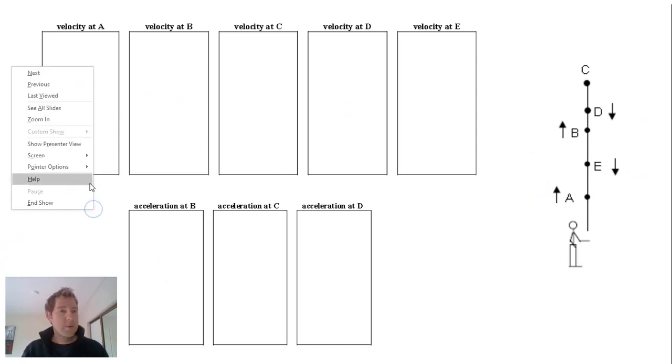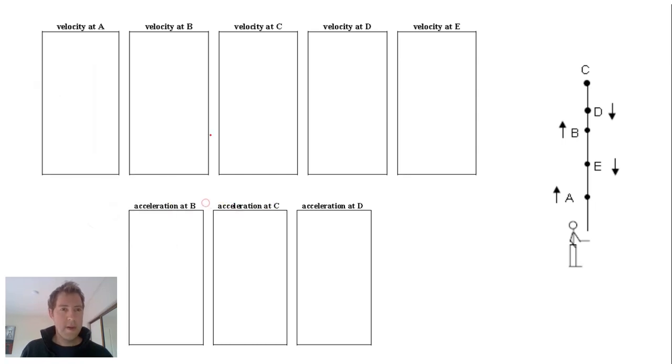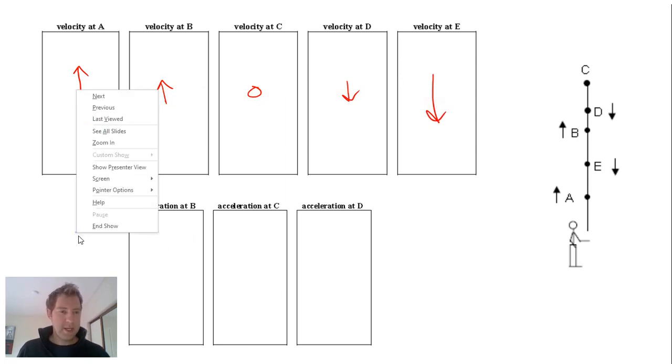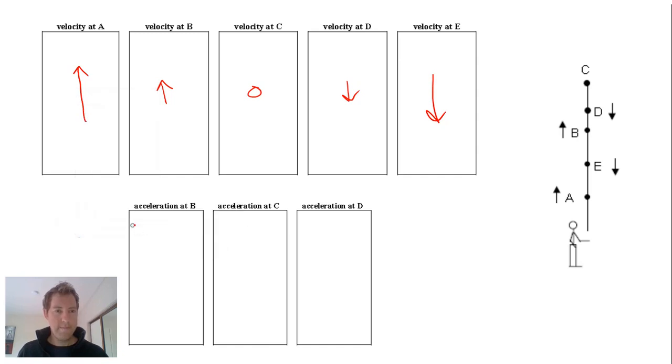The second answer was the same on the velocities, and so I'm just going to draw them in. This is the last time I'll draw these in. Everyone had the same answer for that. But for their accelerations, they said that on the way up, same thing, the acceleration is going down.